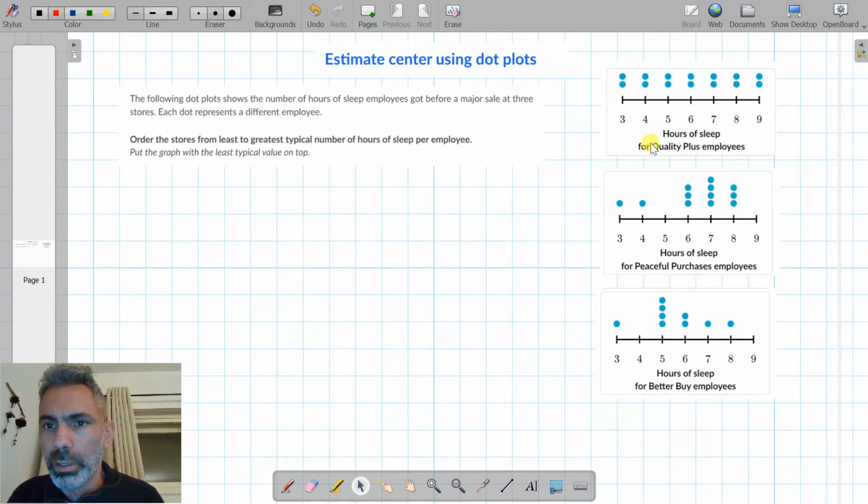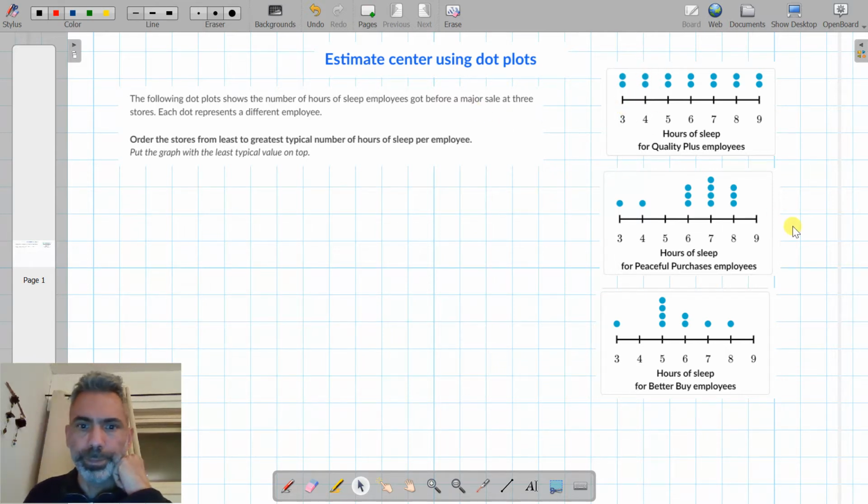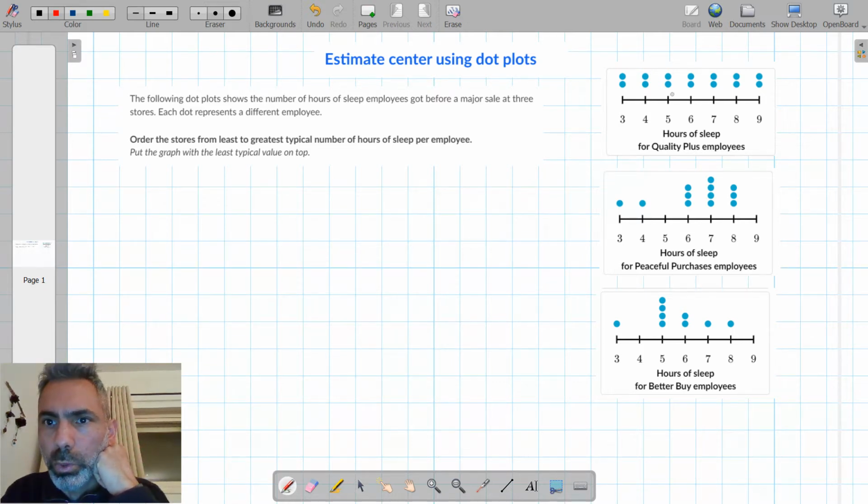So we see that this store is called Quality Plus. 2 employees slept 3 hours before a major sale. 2 employees slept 4 hours. 2 employees slept 5 hours, and so on.